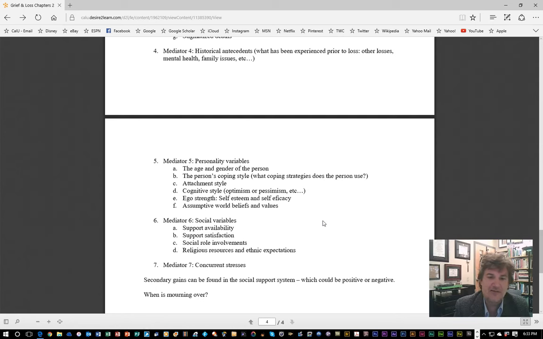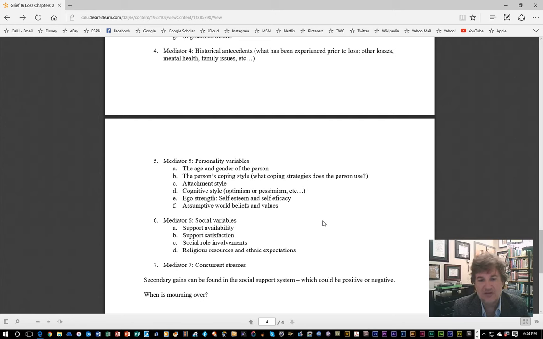Do they have support? Do they have family, friends, perhaps some type of religious organization, work, any type of support system here? What is their support satisfaction? Do they feel as though they can call upon that support? Does it help them? How much support do they have? Their social role involvements.